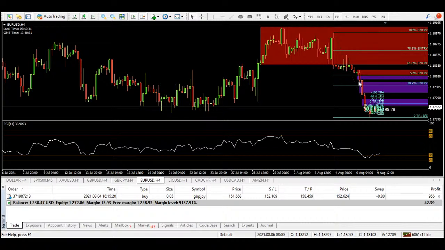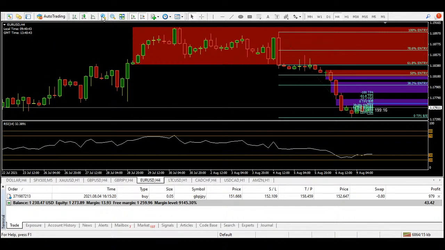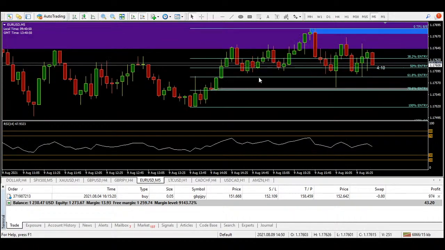This supply zone has already been tested, but that doesn't mean it won't come all the way through and retest it again. All right, but as far as a quick scalp, I'm thinking counter trend buy, and it'll probably consolidate until the news comes out, and that news may go ahead and give us that push up.